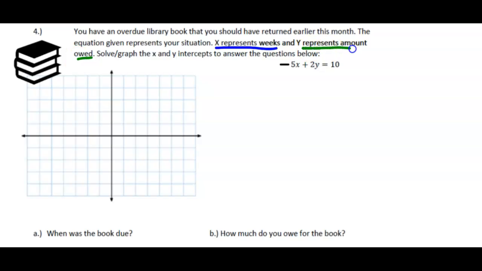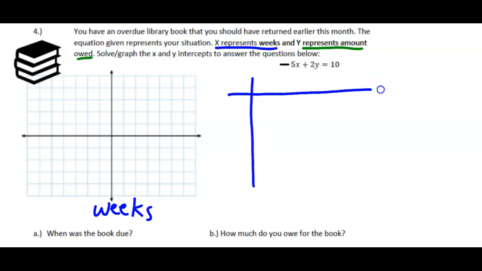Okay? If that's true, then we can label our axes in context. My X value, remember, is number of weeks. What are you going to put over here? Okay? You are going to do your x and y-intercept.